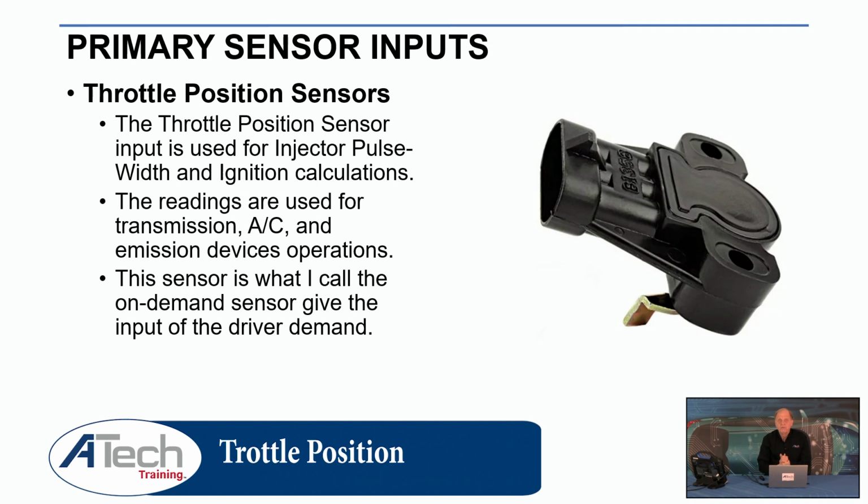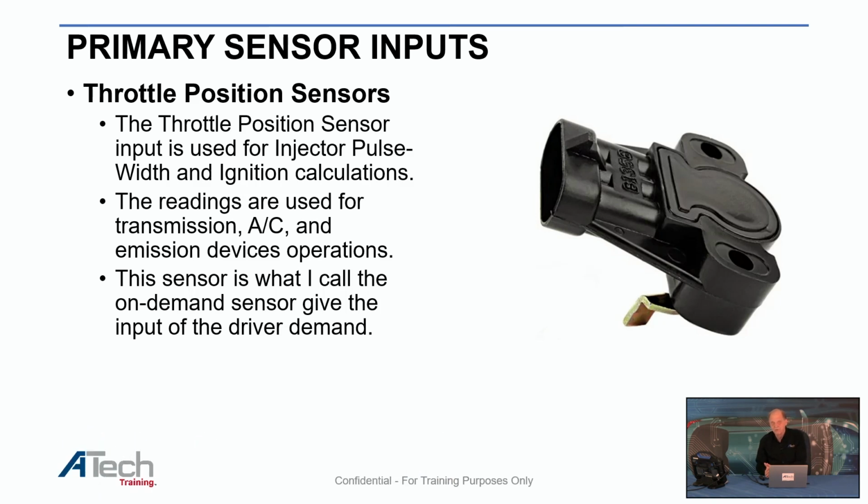Throttle position sensors. Now we have throttle position sensors that are not at the throttle, they're at the accelerator pedal. I call them accelerator pedal sensors, but your throttle position sensor is the one at the throttle body itself. It's used for injector pulse width calculation and ignition calculations. It's also used for AC wide open throttle.